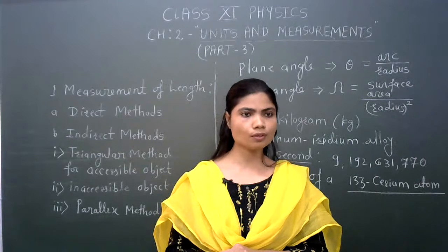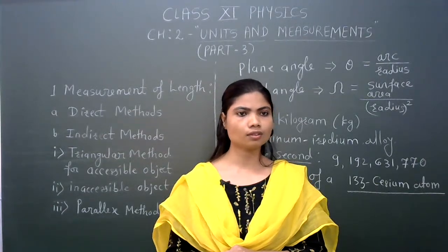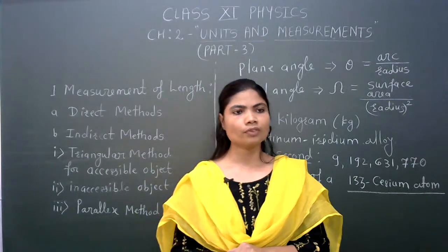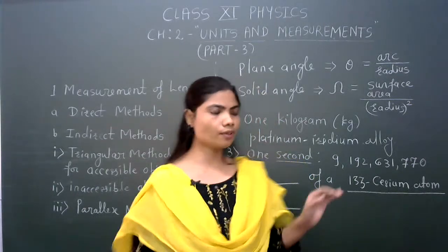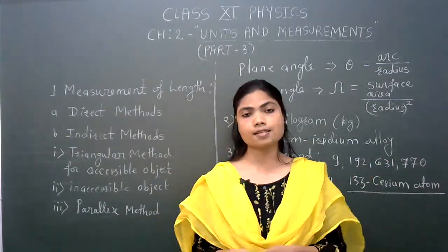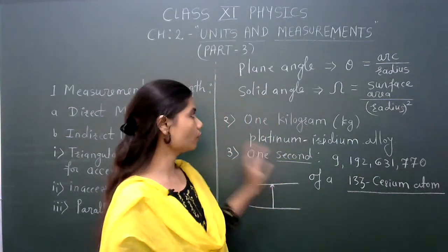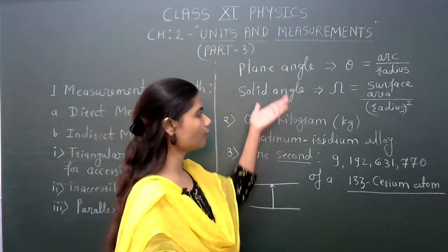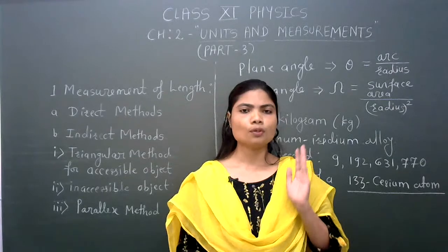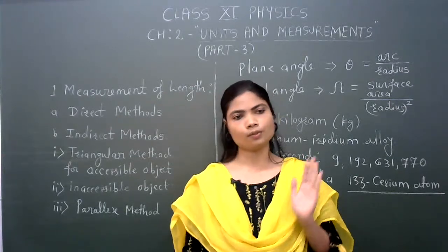Is that okay to you? Now next, what is more important? You have to remember time is measured using the 133 cesium atom, right? You have to remember this. Otherwise, plane angle and solid angle, you have been learning from 9th class. Though you know it, you have to learn it today also, right?